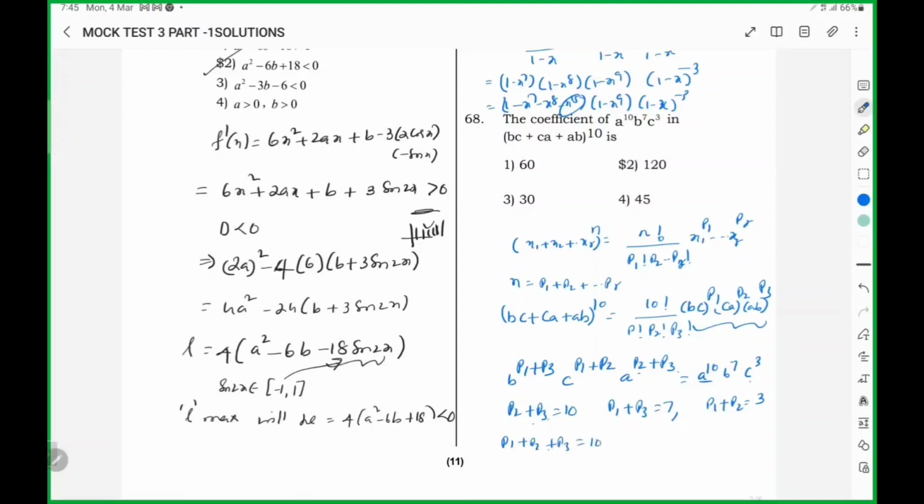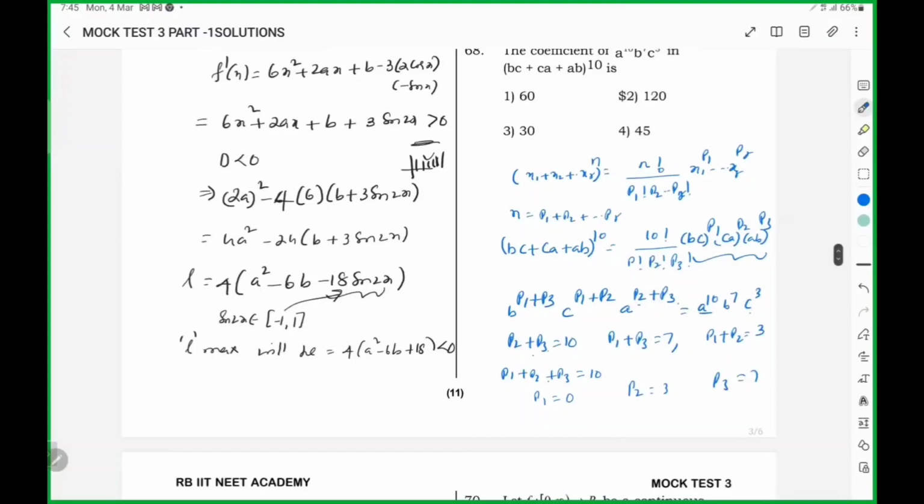From this, p2 plus p3 is 10, so p1 will be 0, p2 is 3, and p3 is 7. So the final answer is 10 factorial by 0 factorial, 3 factorial, 7 factorial. So it is 10, 9, 8, 7 factorial by 6 into 7 factorial, which is 120.